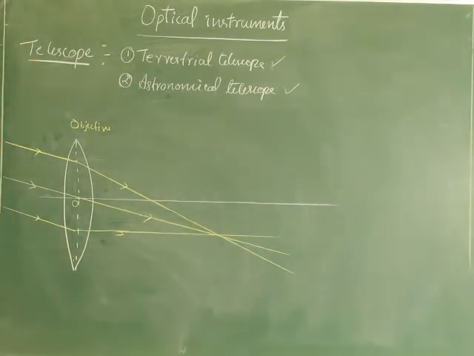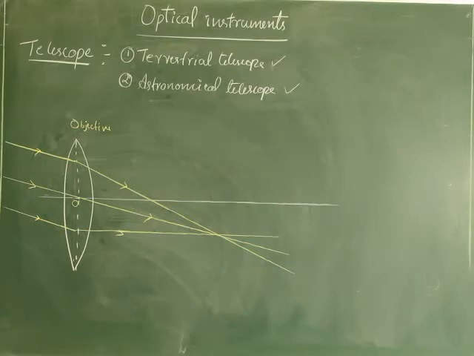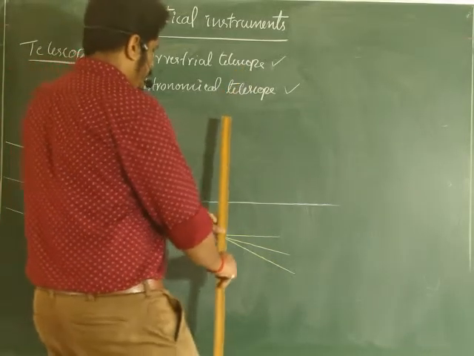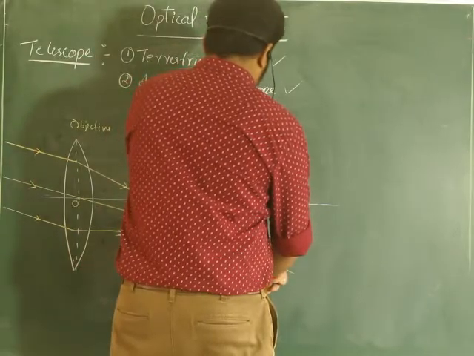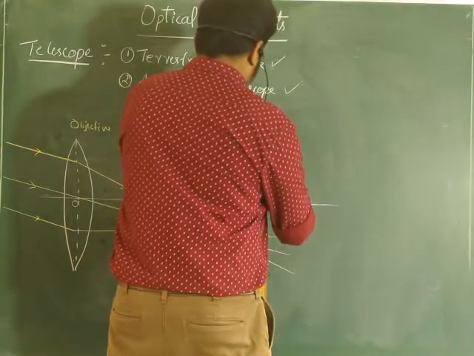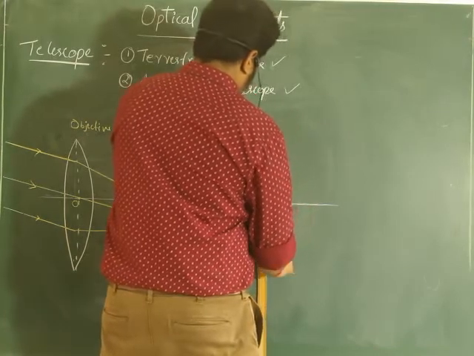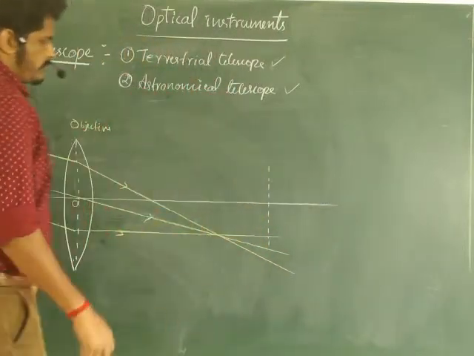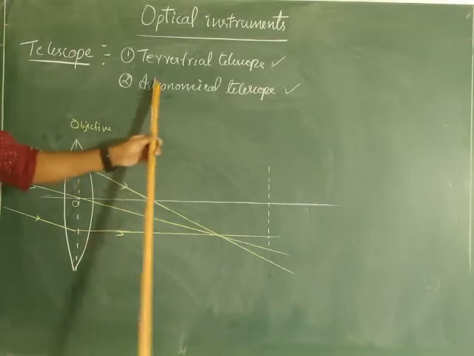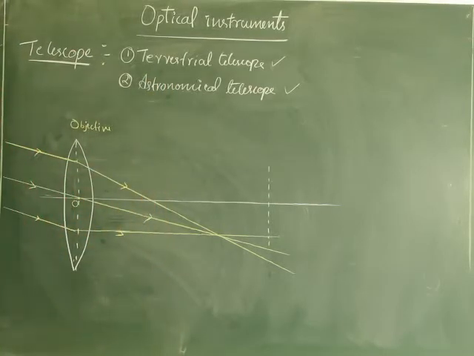Right now, we have to get a lens having a smaller aperture. We will draw it here, somewhere here. The eyepiece will be smaller, that means its size will be small compared to the microscope, because we are discussing the astronomical telescope. Correct.